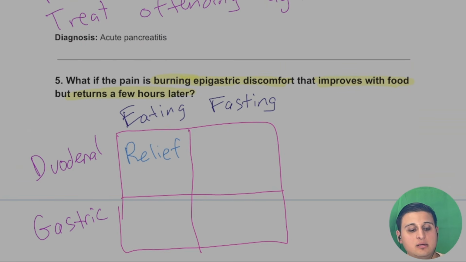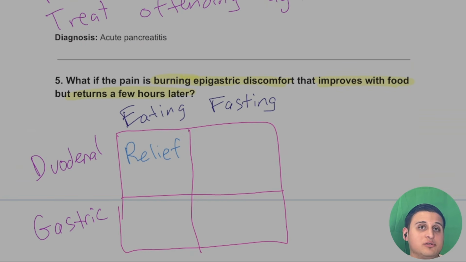Because typically, we have hydrochloric acid that's being pushed out of the stomach, because the pyloric sphincter will open up slightly, allow some hydrochloric acid to come out little by little. When we eat, now our pancreas is going to secrete that nice bicarb-rich fluid. It's going to help get rid of that hydrochloric acidy type environment, right? So it's going to be nice and relieving every time we eat.